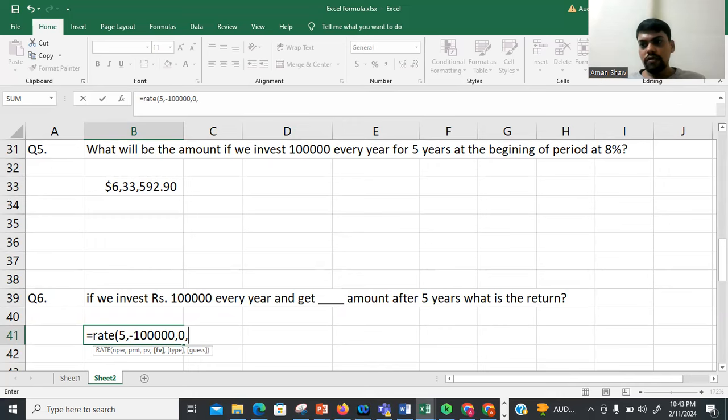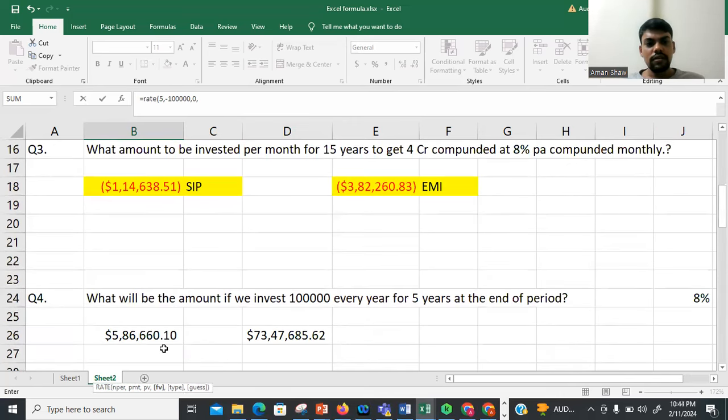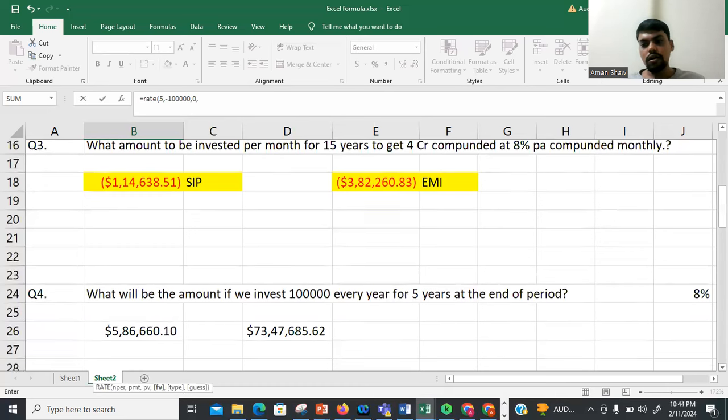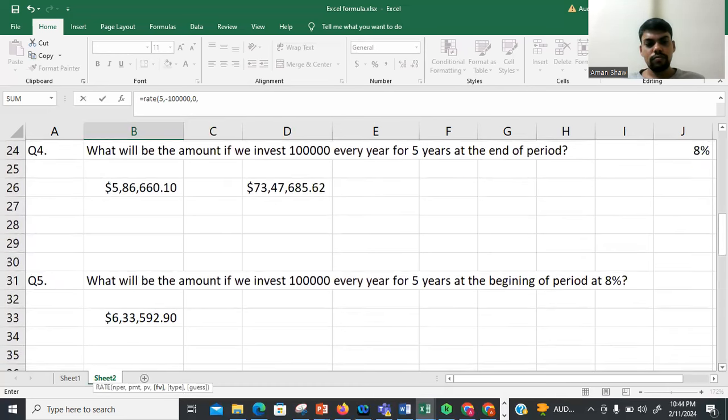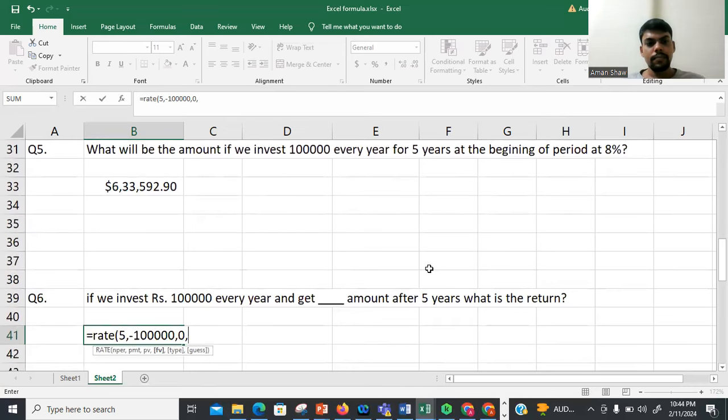Suppose 586,660.10. Okay. And type will be again 0 and then close.